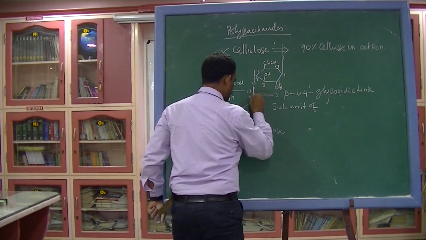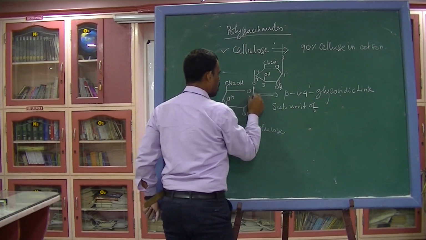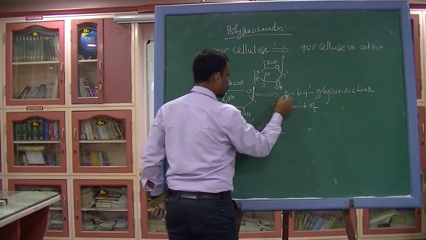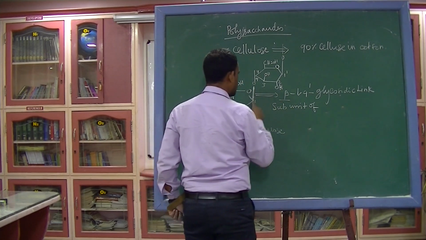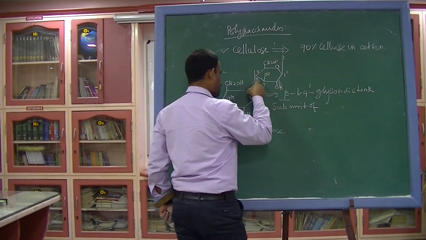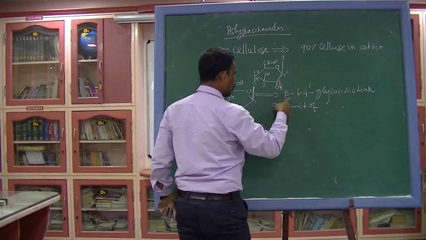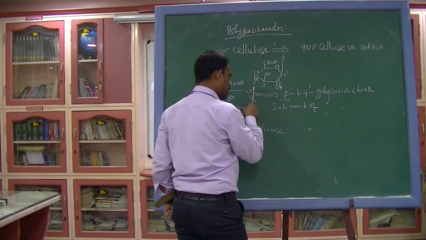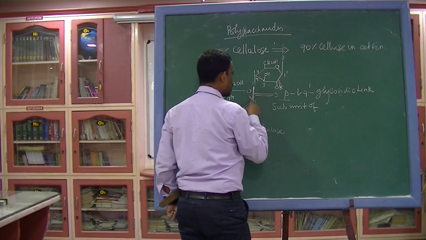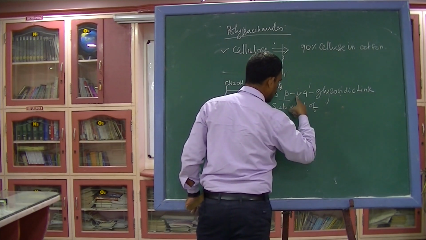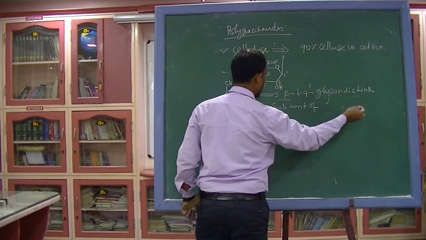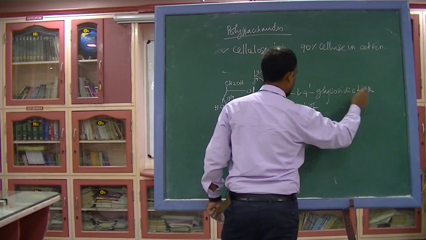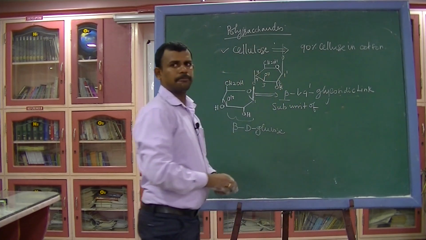It is beta because this CH2OH and this anomeric bond are cis to each other. The carbon number 1 is connected to carbon 4 of another subunit. Again this bond is your glycosidic bond, because it is the bond between oxygen and the anomeric carbon. So it's connected by beta 1,4 glycosidic links.